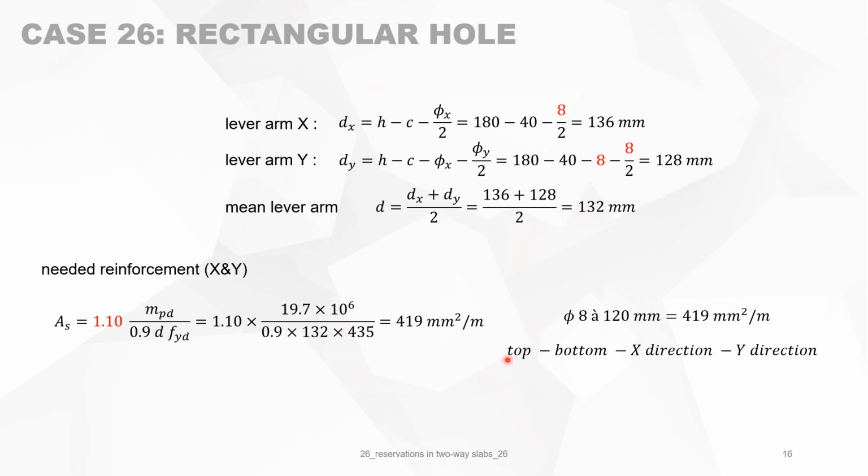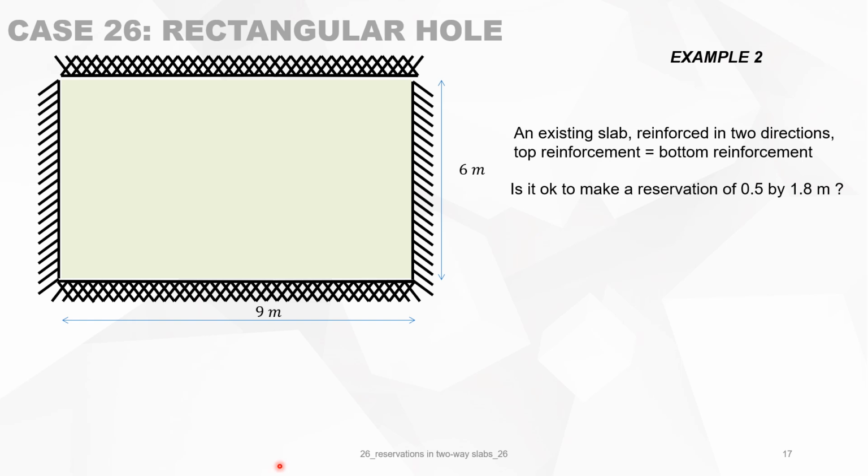And this reinforcement is of course top, bottom, x direction and y direction. You can also choose for diameter 10, then you change the lever arm and you arrive at 426 square millimeters per meter, and that's diameter 10 every 175 millimeters.